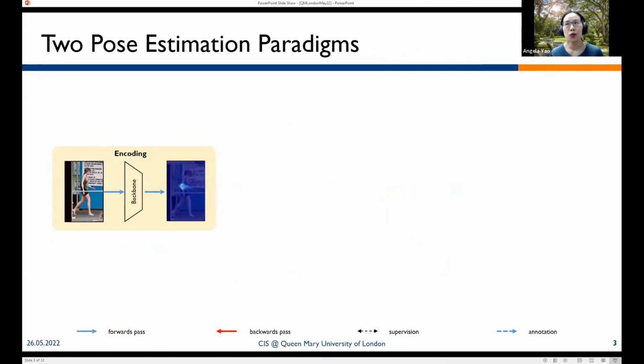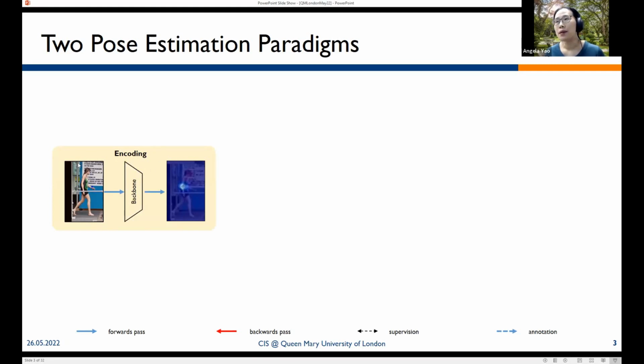And there are two popular paradigms for doing this type of top-down pose estimation then. And they're both similar. Actually, there's 3 variants, but we're going to focus on 2 of the more popular ones.